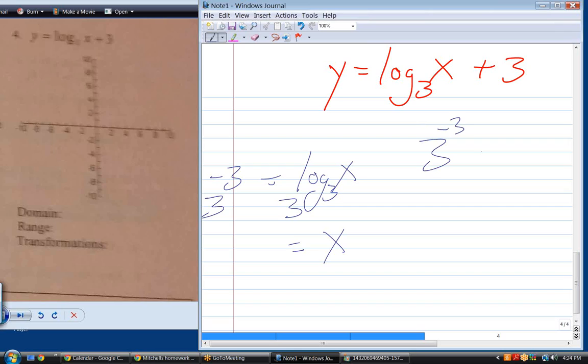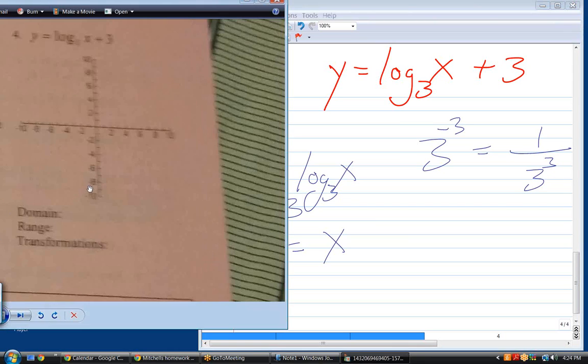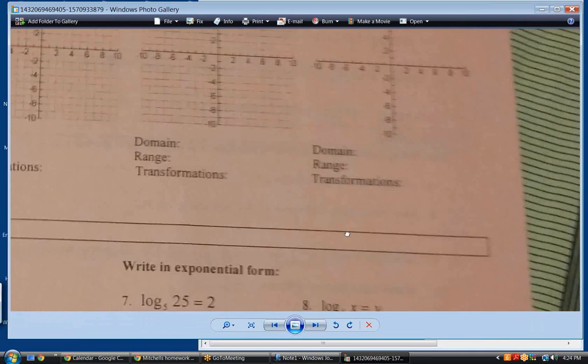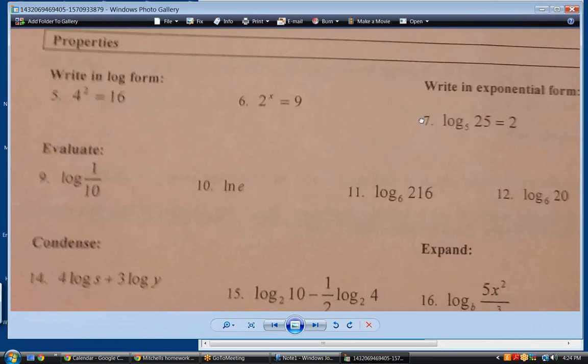So 3 to the minus 3 equals what? 1/27th is exactly right. Okay? Oh, now it's getting clear.